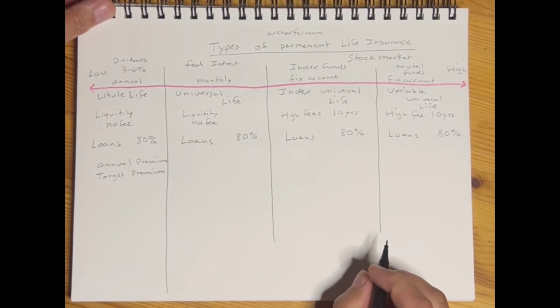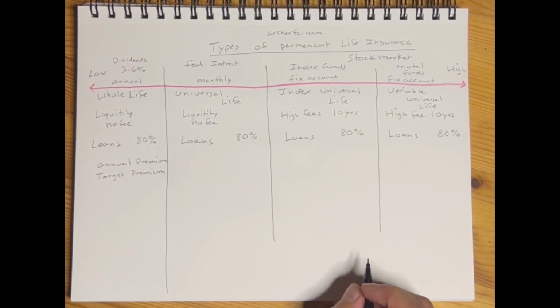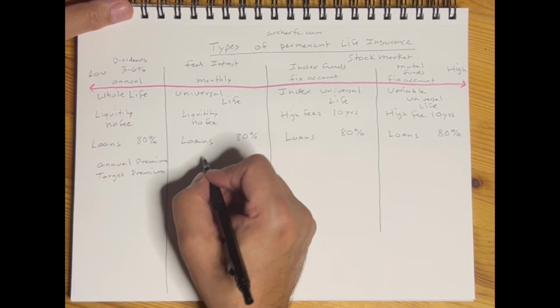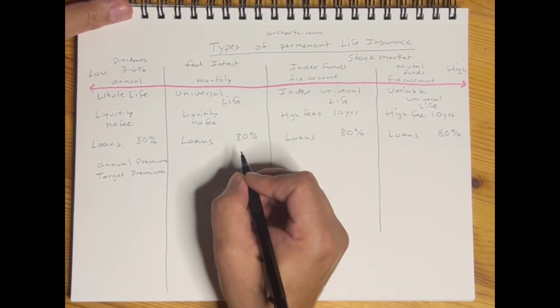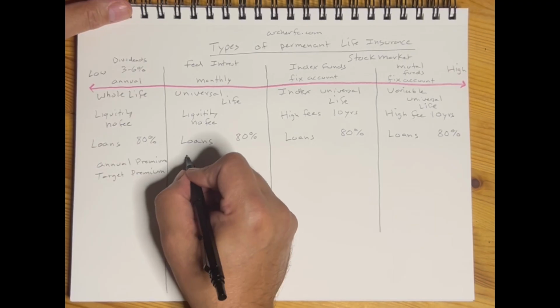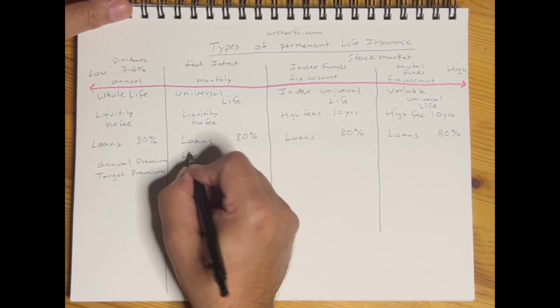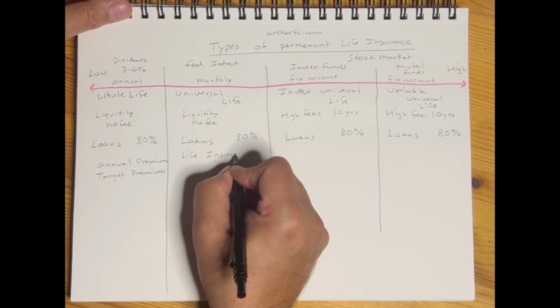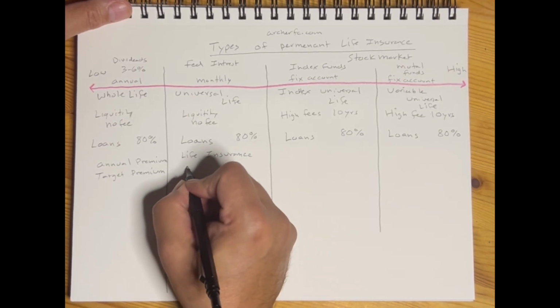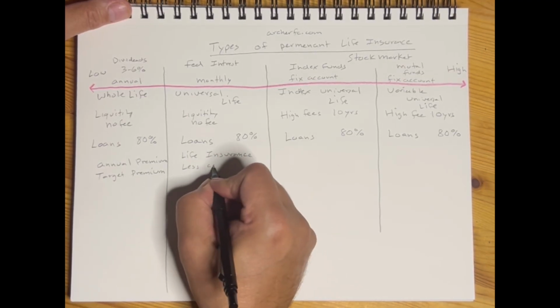Now, Universal Life is a very unique product because it is mainly designed to be more of a life insurance product and less of a cash value product.